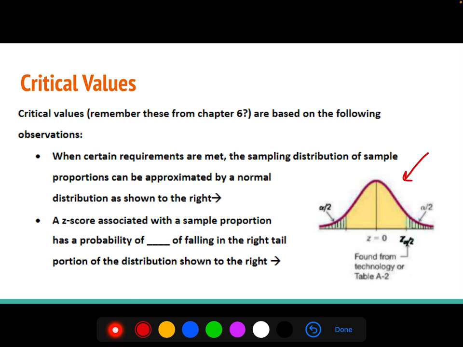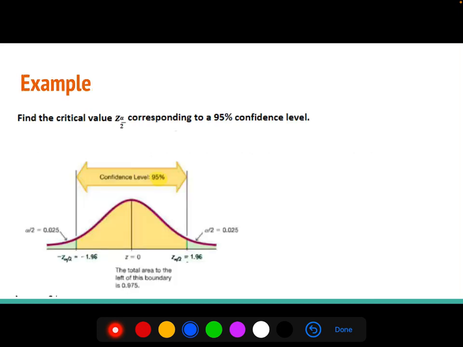And our z-score is going to have a probability of alpha over 2 of falling in the right tail. So that's the little area under the curve. That's alpha over 2. So that means that the critical value here is called z alpha over 2. That's like the z-score for it. And then, of course, on the other side would be the negative z of alpha over 2.